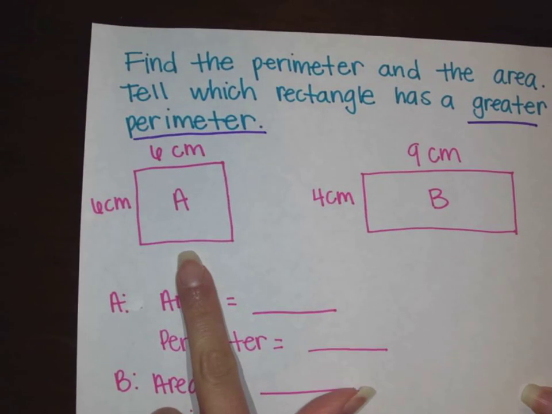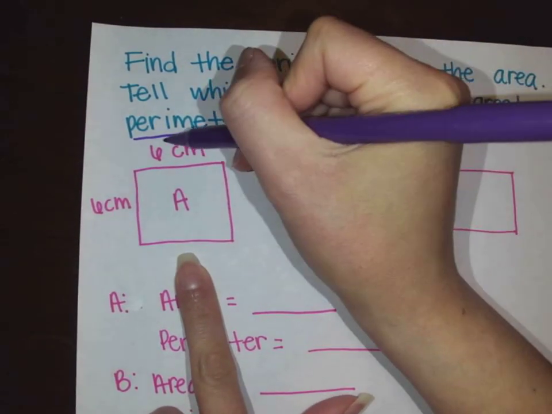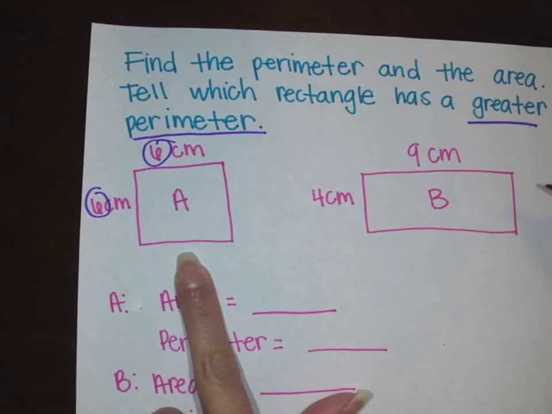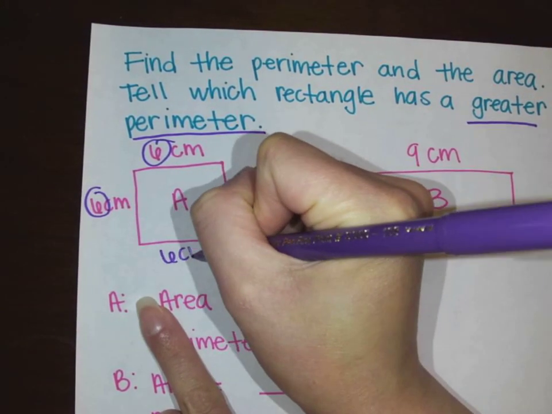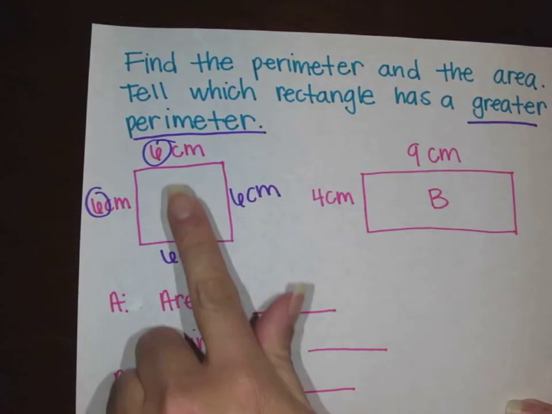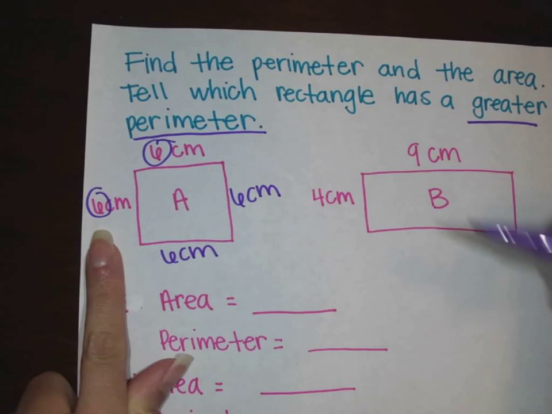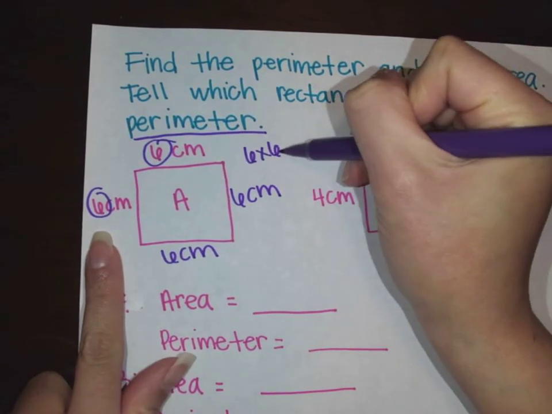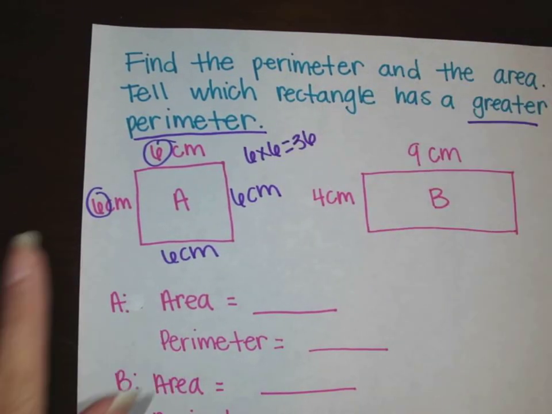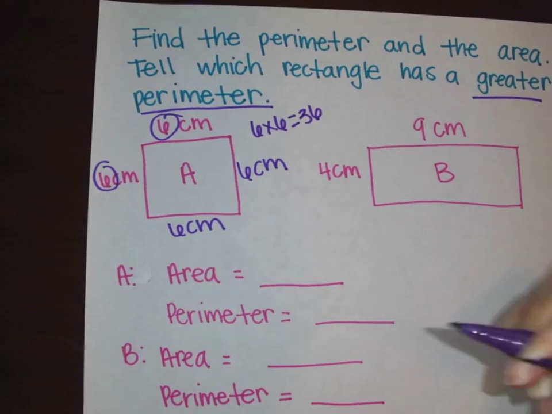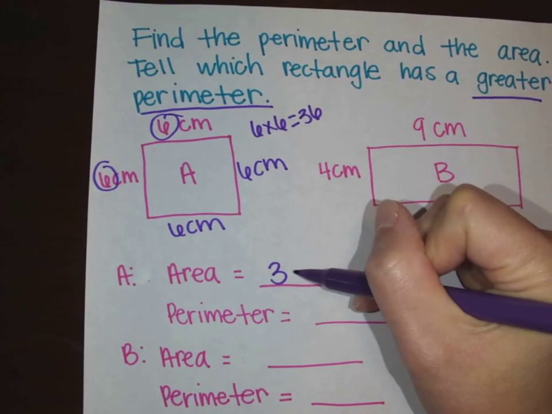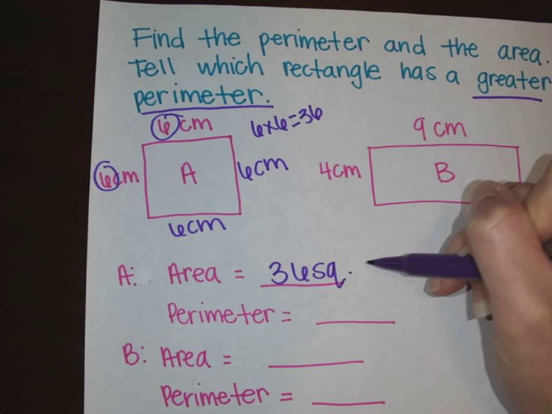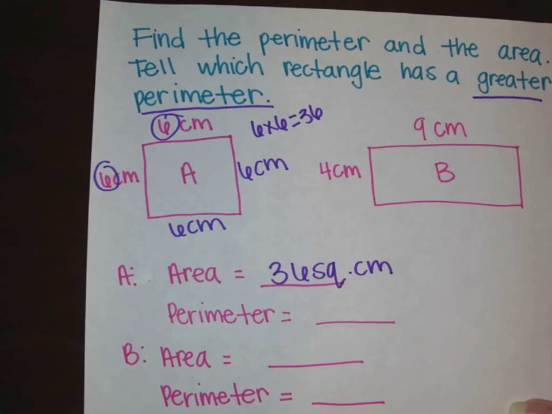Let's look at this figure. Well, length times width, okay? Looks like all sides are equal. Just filling that in. But I know that 6 times 6 centimeters equals 36 square units for figure A. It's a perfect square. 36 square centimeters is the area for this square.